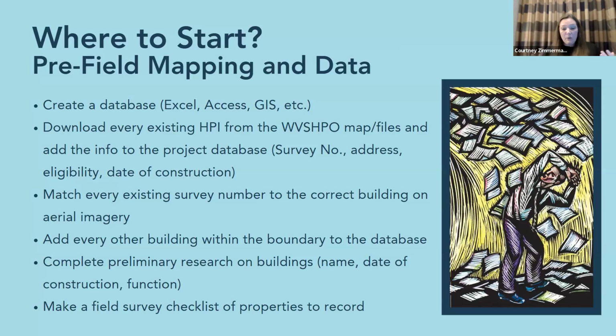Then everything that's not been surveyed, we add to the database. And we might do some tax parcel research to get dates of construction, which are not always correct, but it's somewhere to start. The function, the name, just preliminary basic information in the office. And then we have a field survey checklist from our database of everything we need to record. We want to make sure we check everything off. And when you're in the field, you always find more, so be open to that possibility as well. Next.